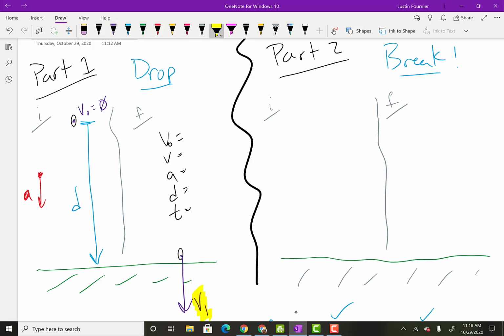Now part 2 is during the break. Again, it's just before the egg is about to hit the ground. That's the initial moment, and then the final moment is the break.